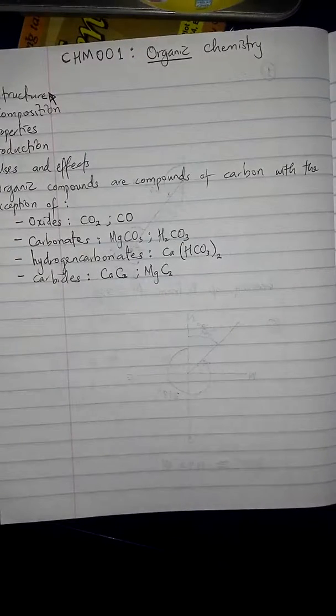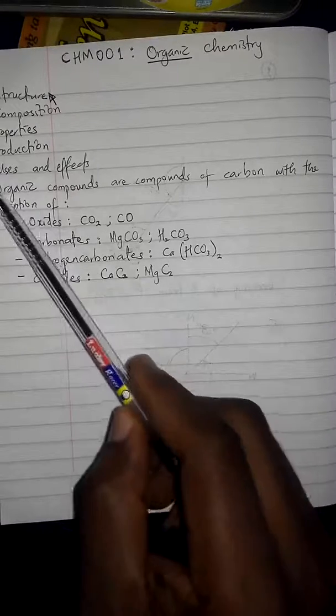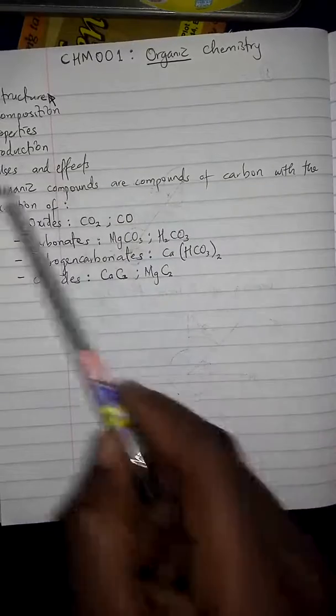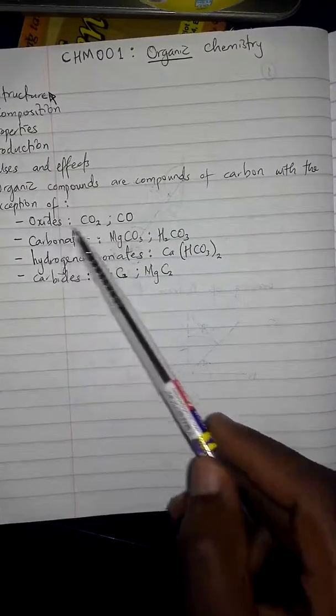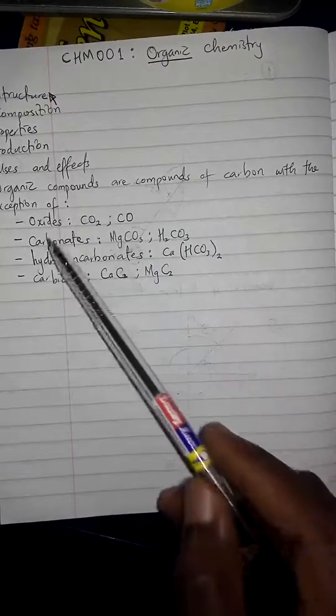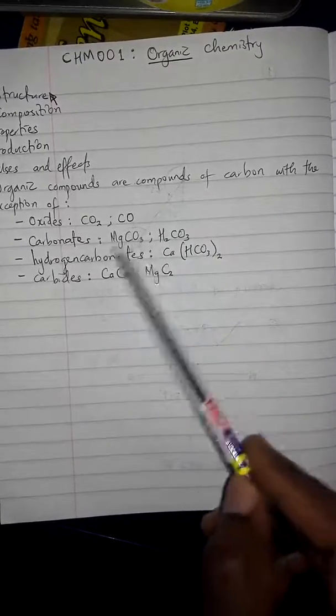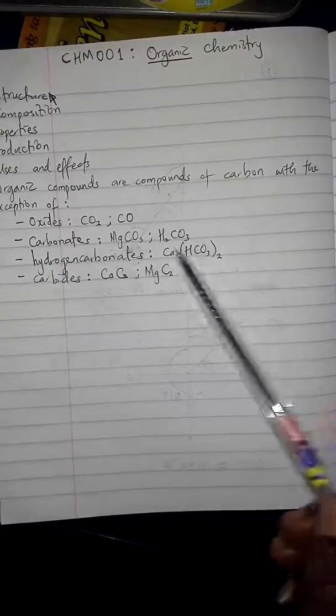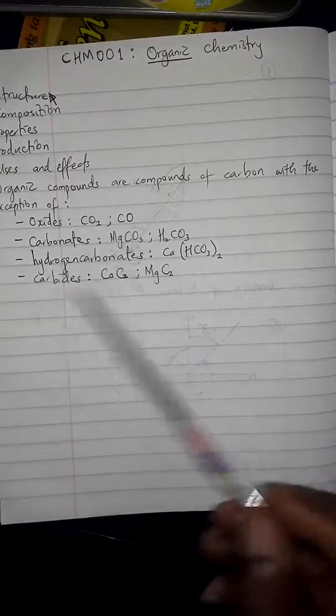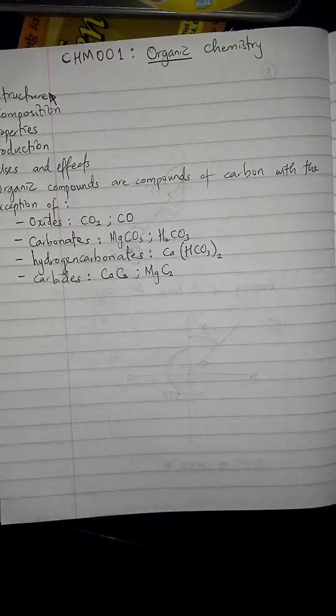Other compounds which we'll be looking at are organic compounds. So that's the definition specifically. Organic compounds are compounds of carbon with the exception of oxides such as carbon 4 oxide and carbon 2 oxide, carbonates, e.g. magnesium carbonate, hydrogen carbonates, e.g. calcium hydrogen carbonate, and carbides, e.g. calcium carbide, magnesium carbide.